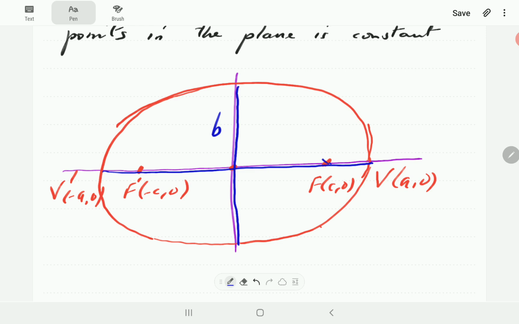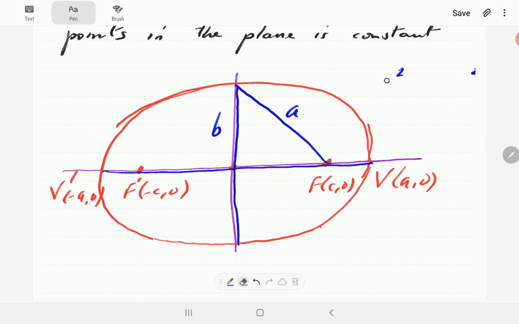Then if we do a right angle triangle here, the hypotenuse is going to be a. So that means the three numbers a, b, and c have a Pythagorean relationship, because b squared plus c squared is equal to a squared.